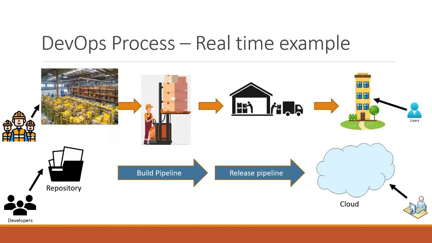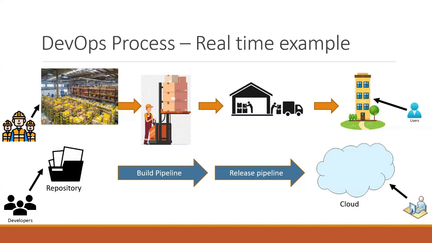Employees take the components, create the AC, then keep it in the warehouse. Once the AC is manufactured, somebody has to package it, test if it works properly, and then the final packages are kept for delivery. So this first packaging of the product and testing is done by the build pipeline.